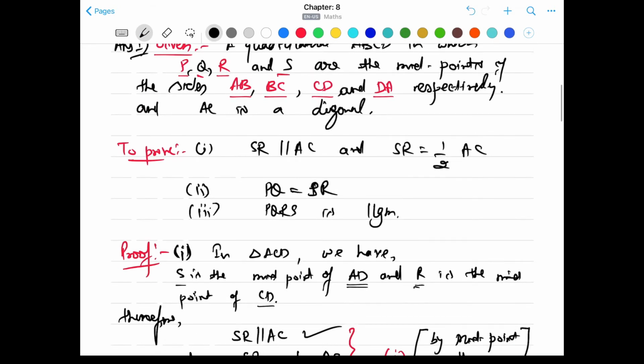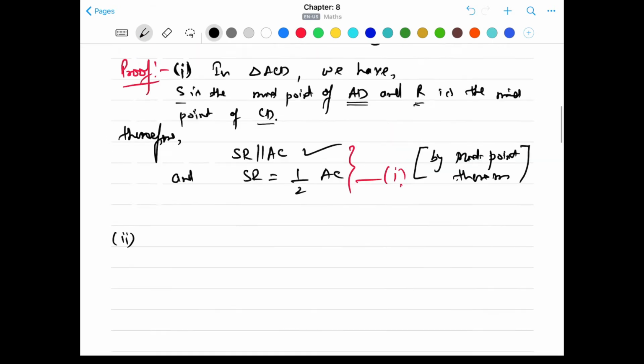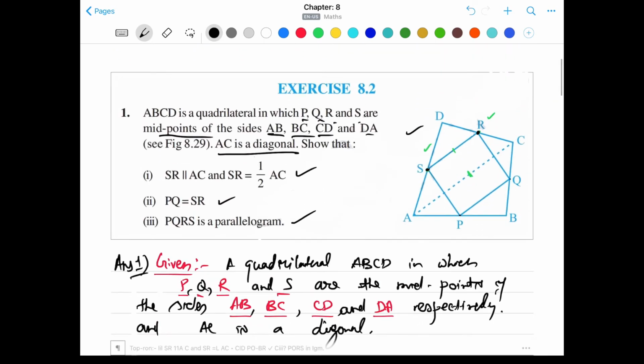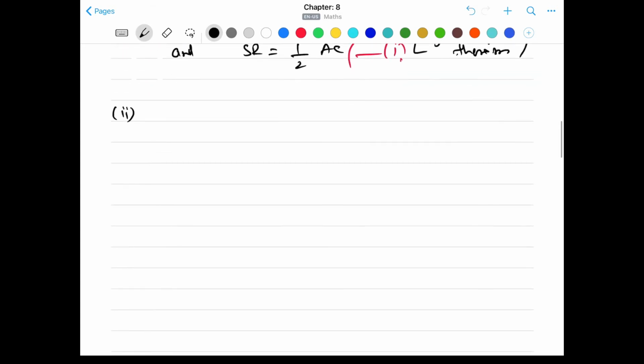Here we have to prove that PQ is equal to SR. Now we are going to look at the triangle ABC.